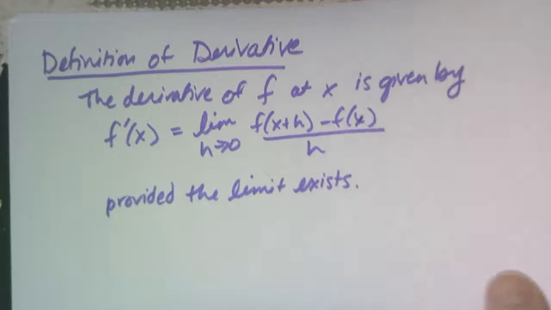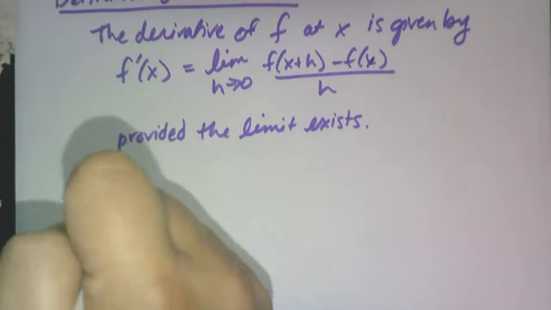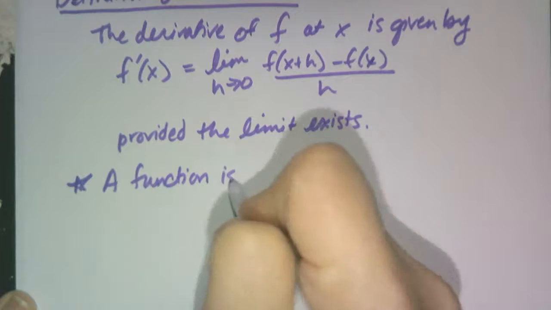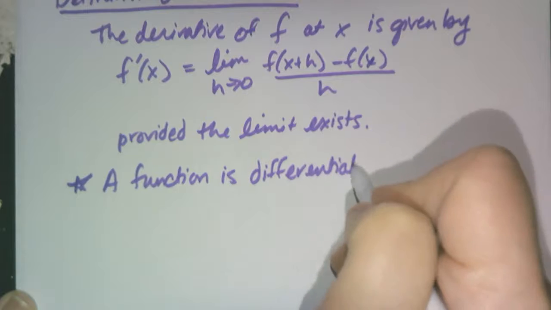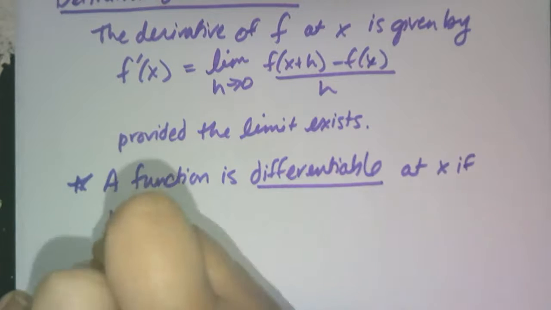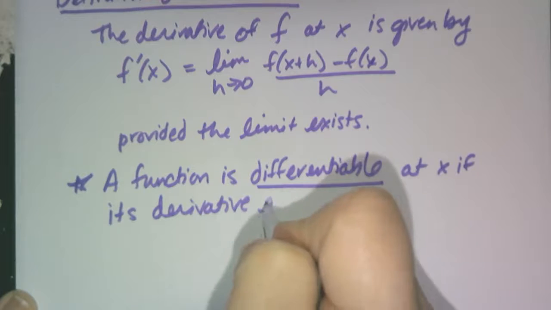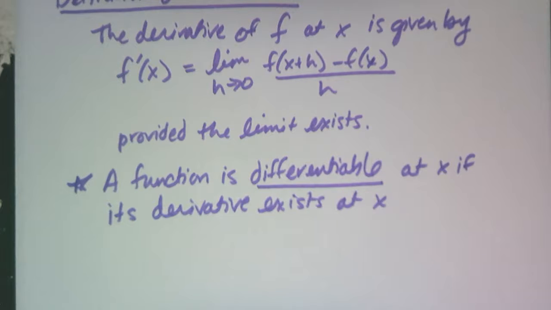Added on to this, I want you to write a couple of new words because these words can actually come up. A function is differentiable at x if its derivative exists. So when you see the word differentiable, it also means derivative.